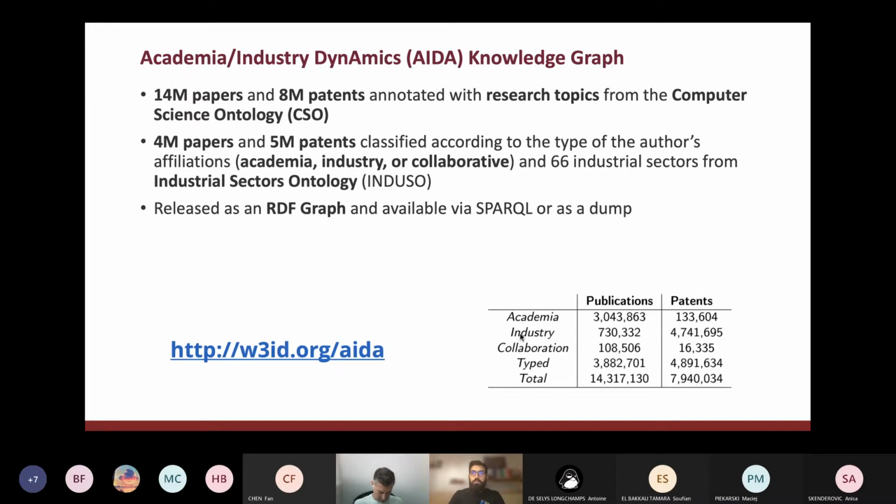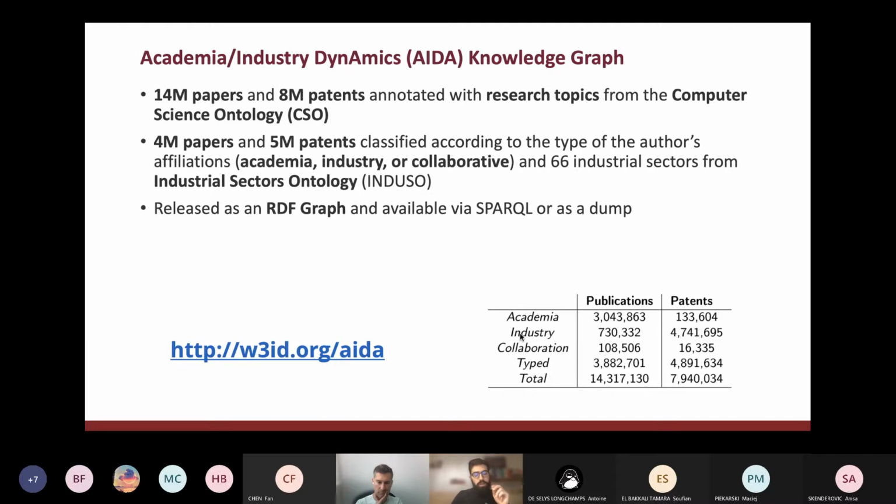So each document, paper or patent, has got an indication of what are the subjects in computer science that are discussed within this document. So if a paper is about machine learning, or artificial intelligence, or semantic web, or semantic technologies, or web technologies, all this kind of information.